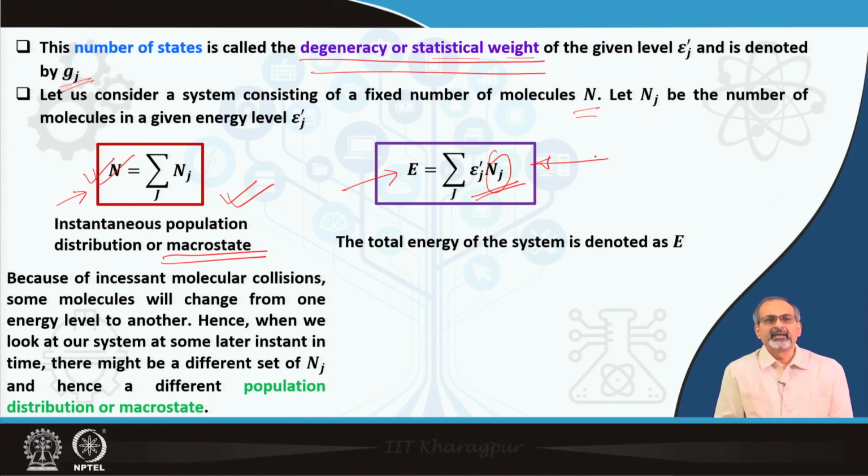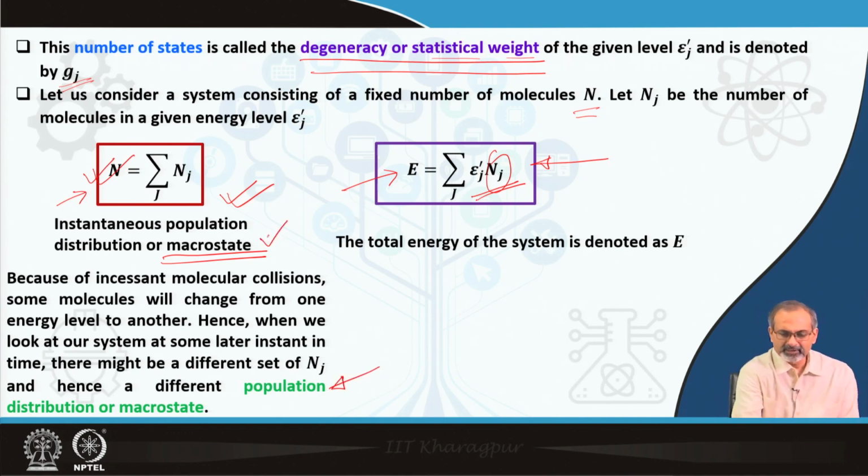And why is it that the state of the system may be changing from one point of time to the other? Because the molecules are in an incessant state of collision. Due to these incessant collisions, some molecules will change from one energy level to another in a quantized sense. Hence, when we look at our system at some later instant in time, there might be a difference in the Nj distribution, and hence a different population distribution or macro state.